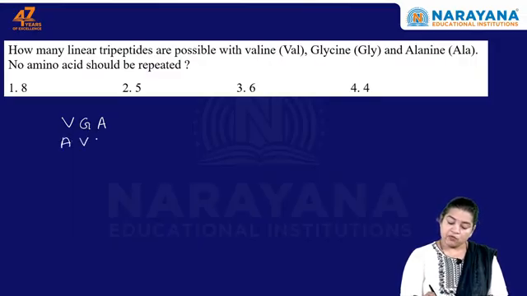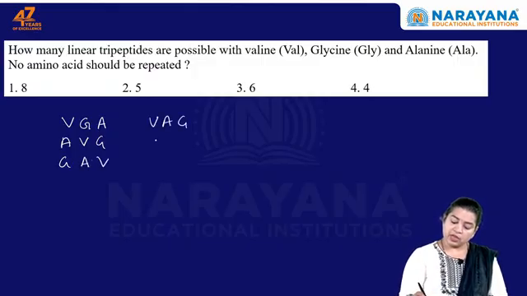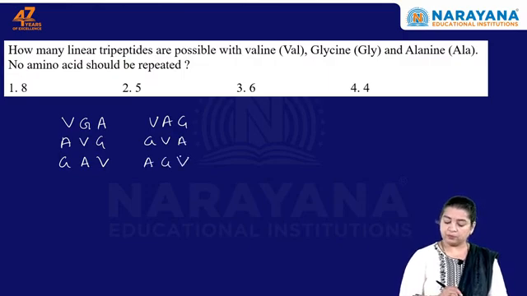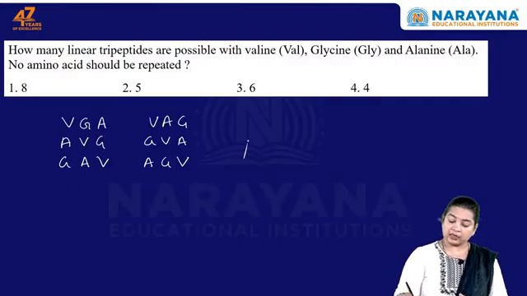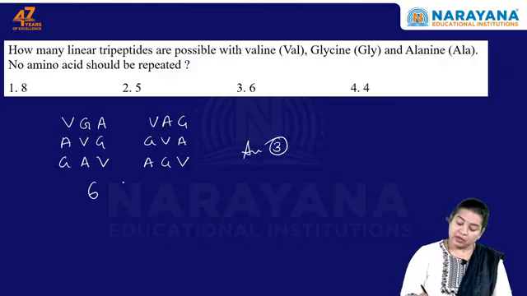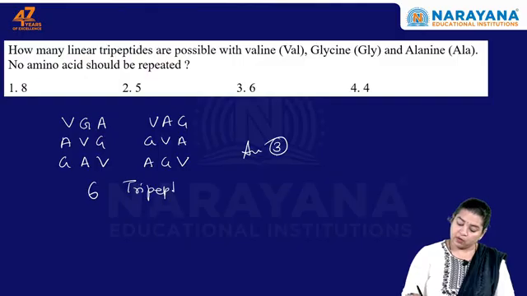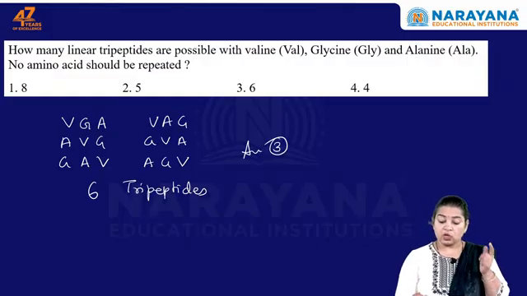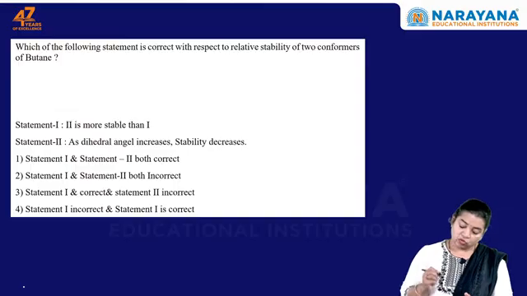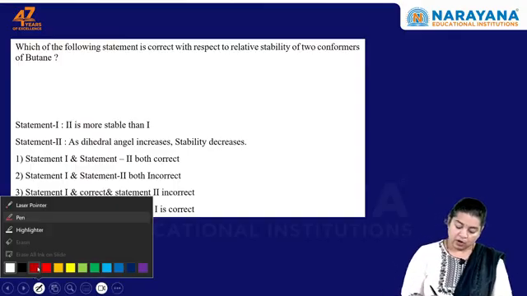Then A, V, G; G, A, V; V, A, G; G, V, A; A, G, V. After seeing all these combinations, I think the answer is third, that is 6 tripeptides are possible.